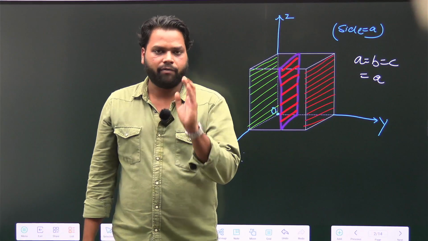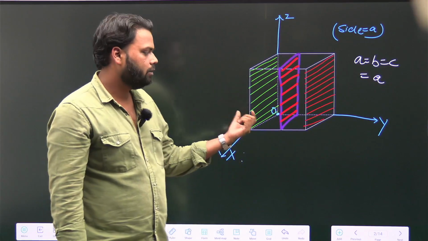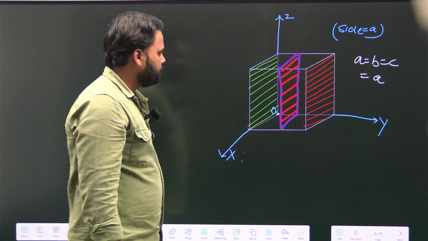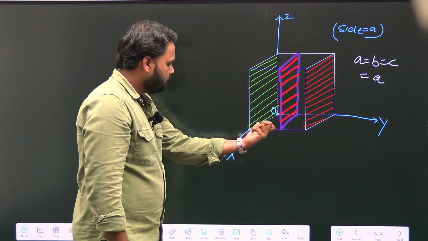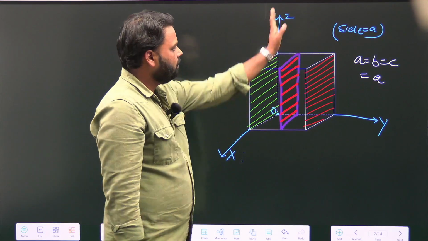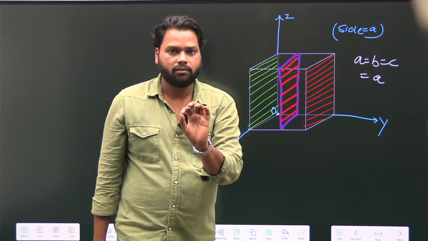See, everyone, please pay attention here. I want to tell you one more basic concept for the Miller indices. That's why I have drawn this plane. See, where is the plane cutting on the x-axis? Here infinity, on the z-axis also infinity. But hang on.